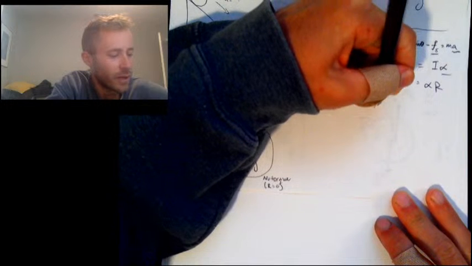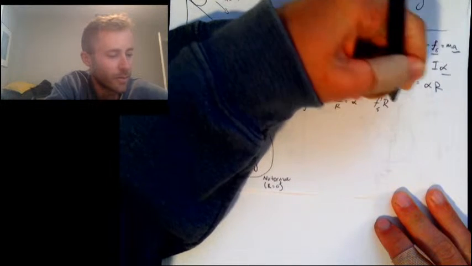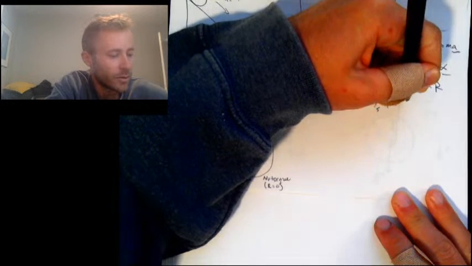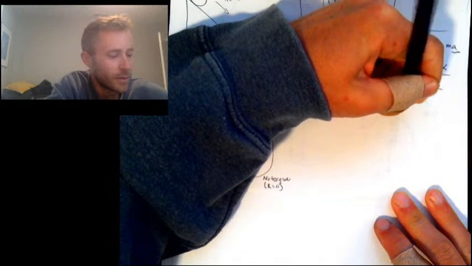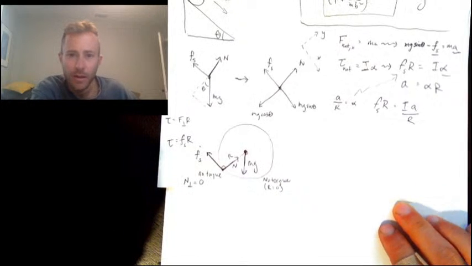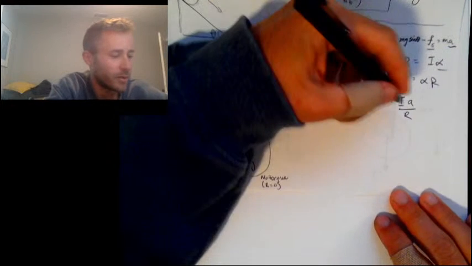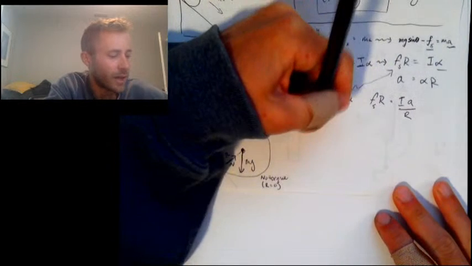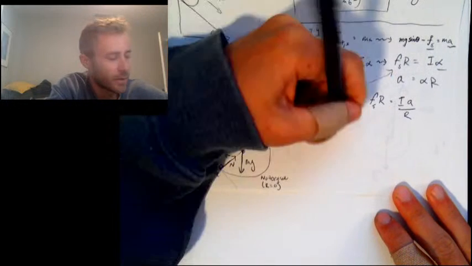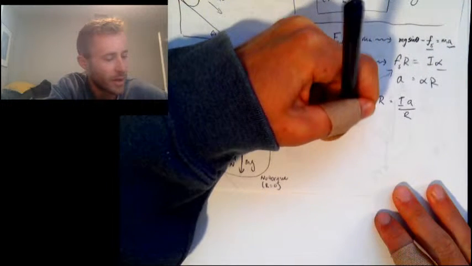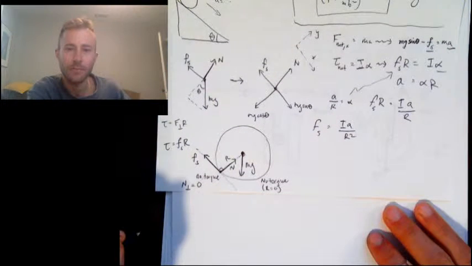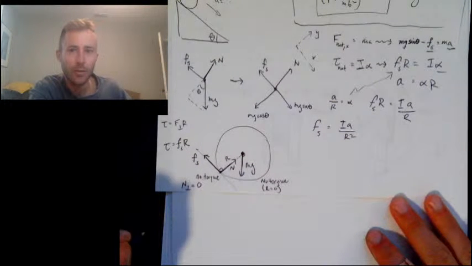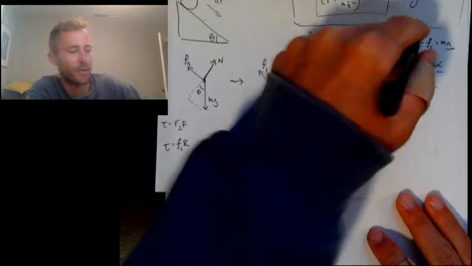So I have static friction times r equals I times a over r. Dividing both sides by r, static friction is I a over r squared, which I can then plug into the top equation.